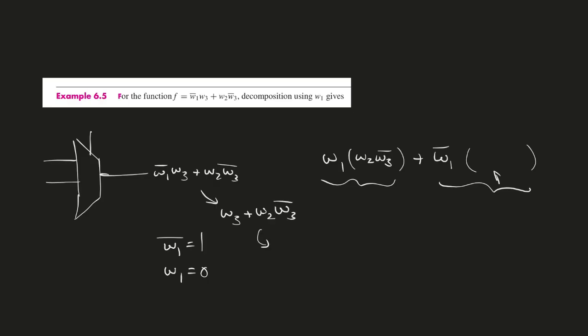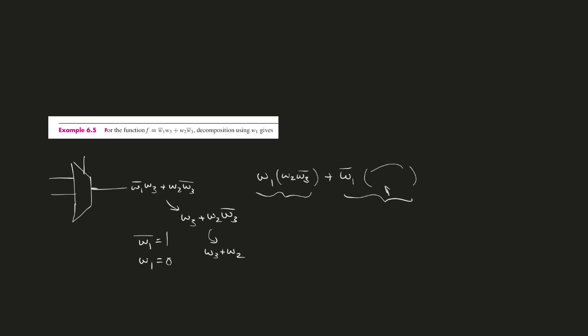Okay, and this is the same thing as W3 plus W2. So in here you can either write down W3 plus W2 W3 naught, or you could just put down W3 plus W2, because these are actually equal to each other.